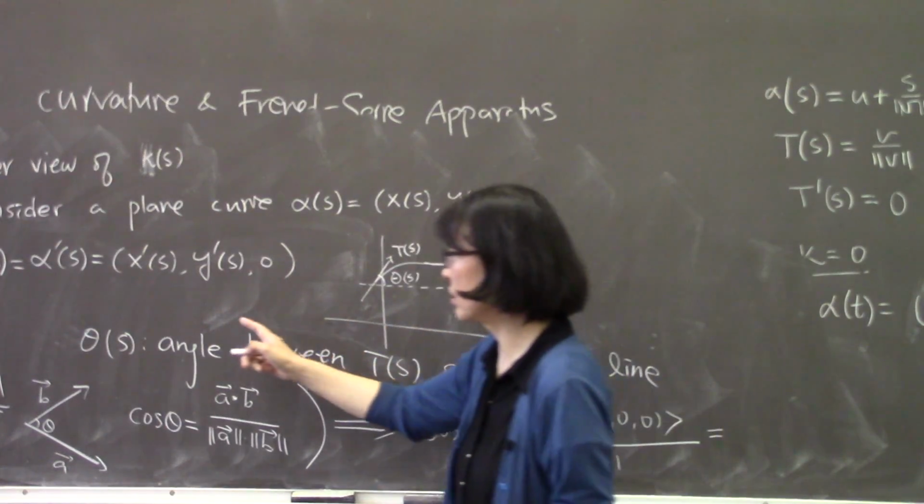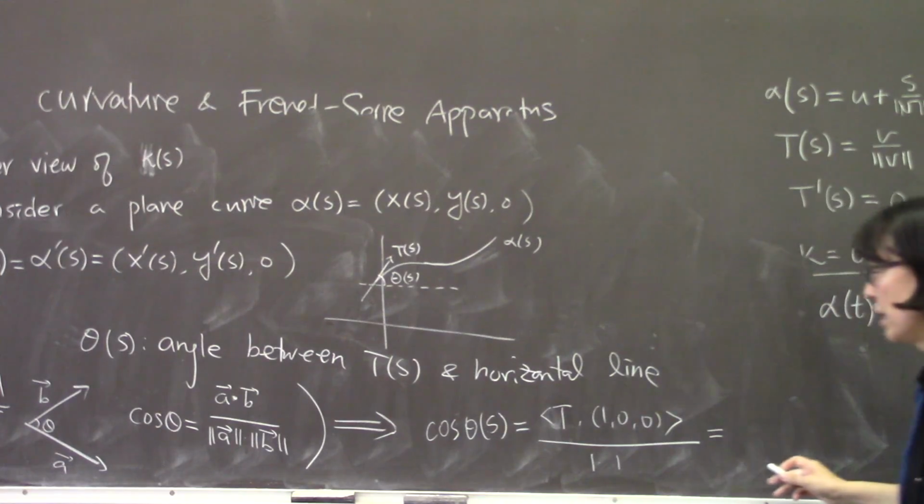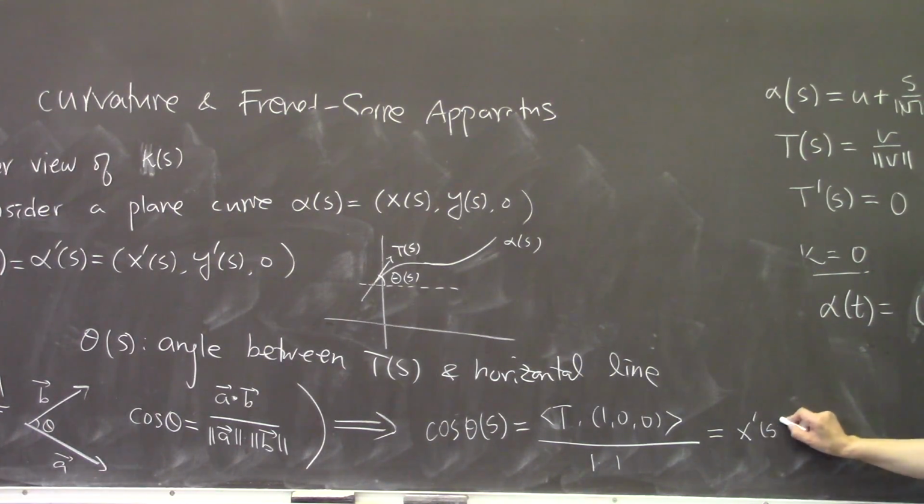If you take the dot product of this T and 1, 0, 0, what do you have? Just the x prime.